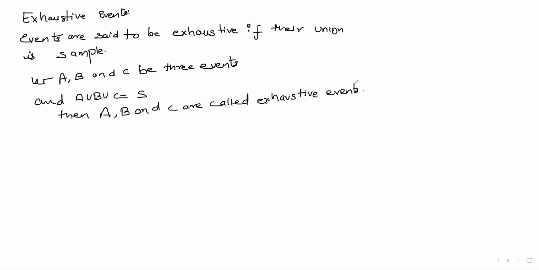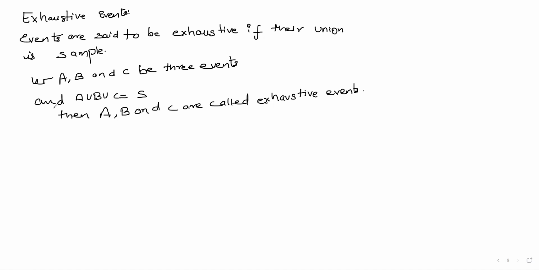So events are said to be exhaustive if their union is the sample space. So if you find the union of the events and you are getting the sample space, then you will say that these are exhaustive events. Okay, please note down this, or if you have any doubt, then please let me know.